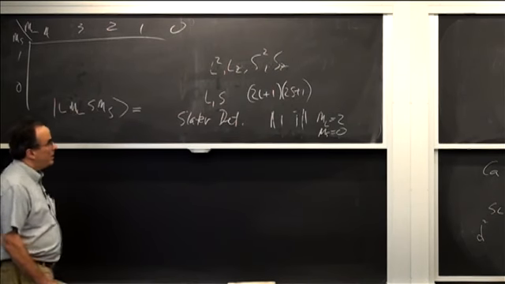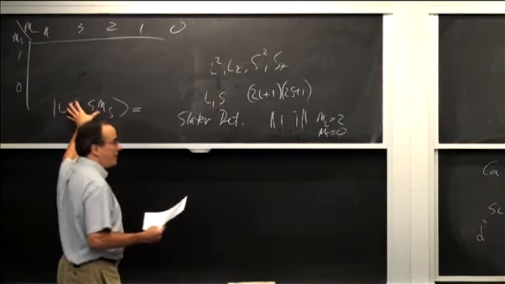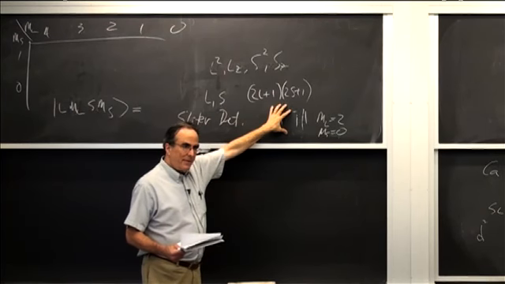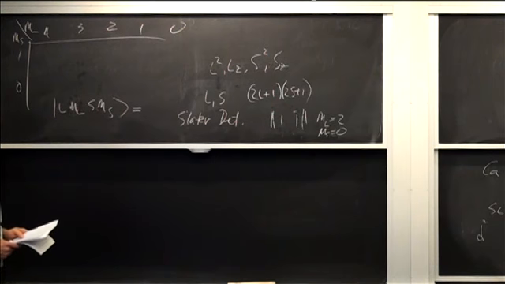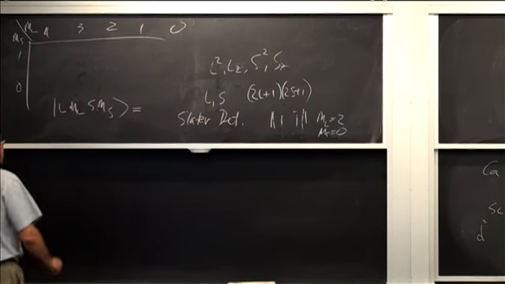once we can find a way to write these things as linear combination of these things, then we're in a position to evaluate matrix elements of the terms that make up the Hamiltonian.